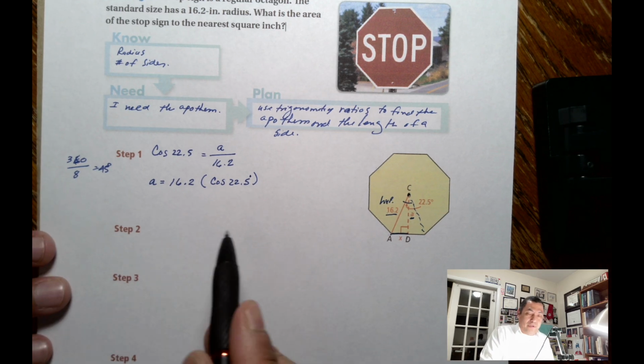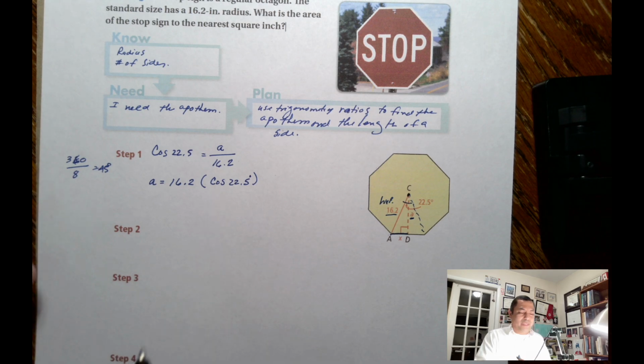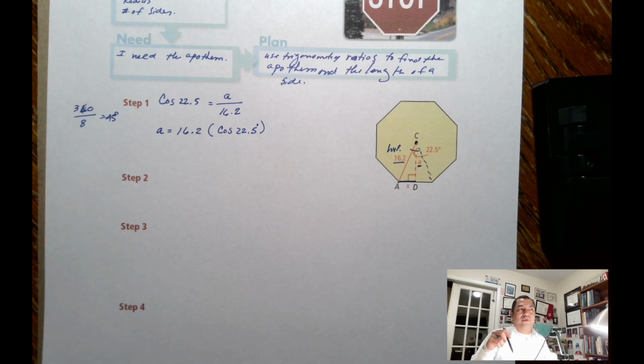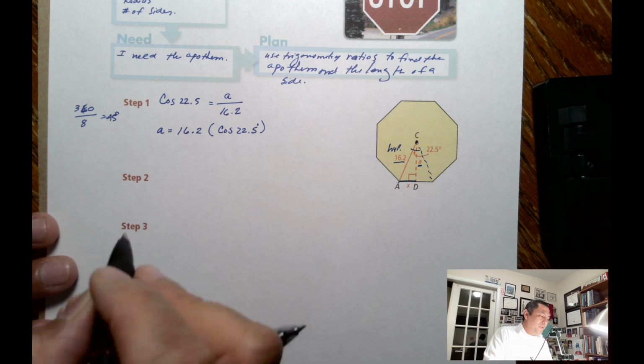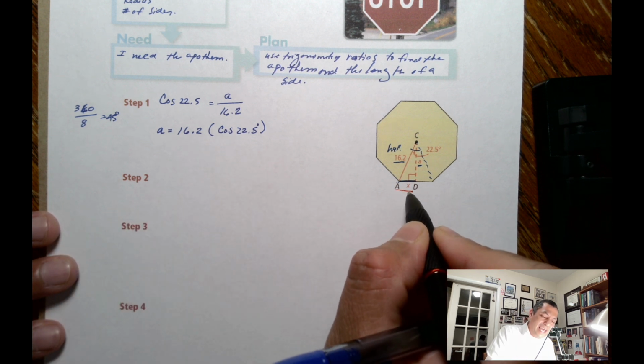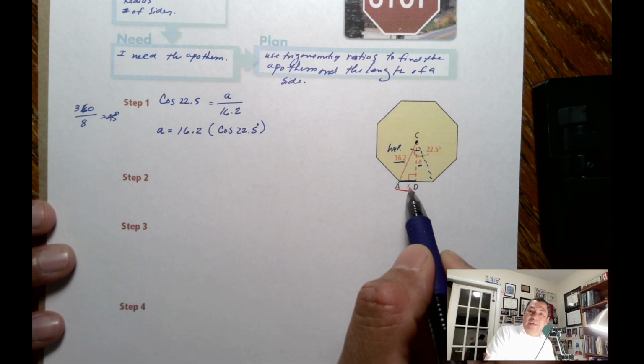There is nothing else, I could multiply these two, but I'm going to leave it for the end when I apply the formula, so I don't carry a lot of decimals. So step number 2, in this case, x represents AD. So I need the value of x.